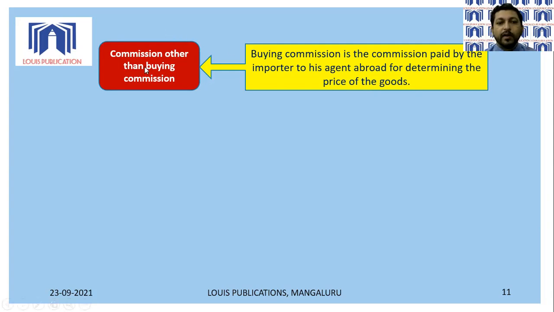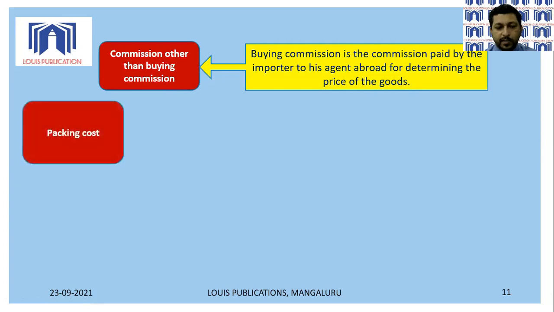See, it's very clearly given: commission other than buying commission. That means buying commission will not form a part of assessable value. Let's be very, very clear about it. Other commission which the importer will pay to other agents is included as far as assessable value is concerned.